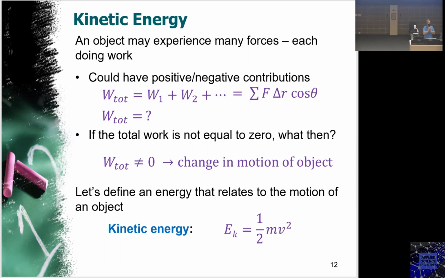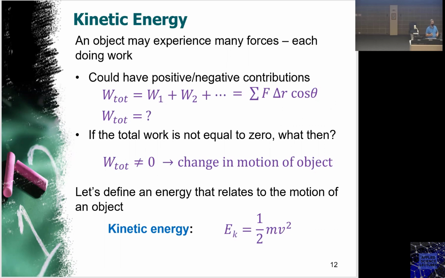So that force resulted into inducing an acceleration, and this acceleration, as we have said, changed the velocity of the object, either increasing or decreasing the velocity based on the direction of the acceleration with respect to the direction of the velocity.